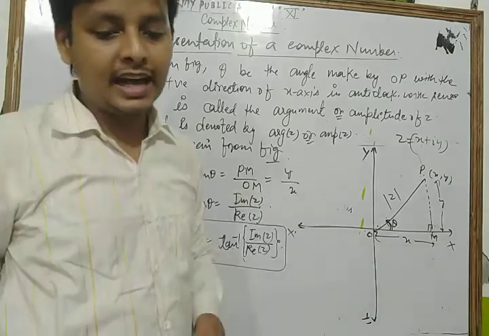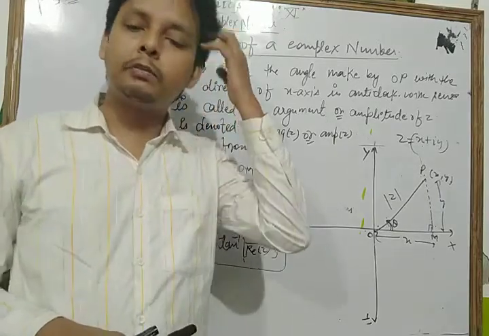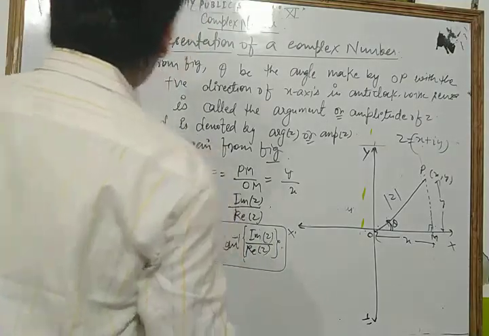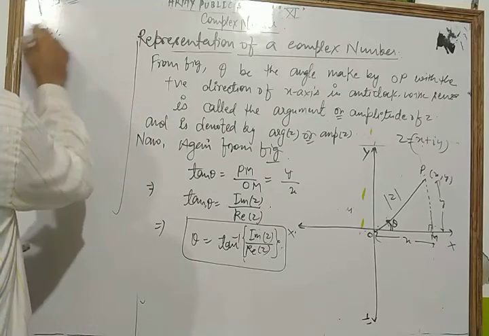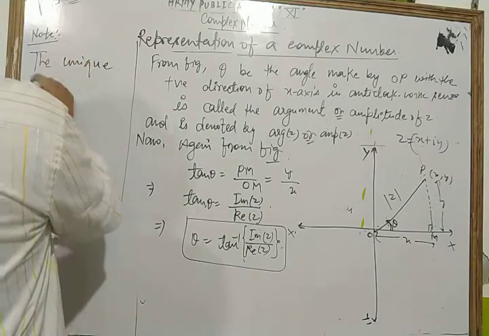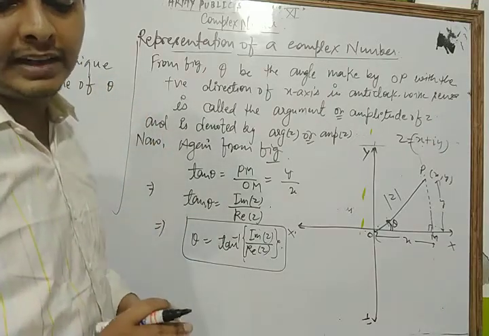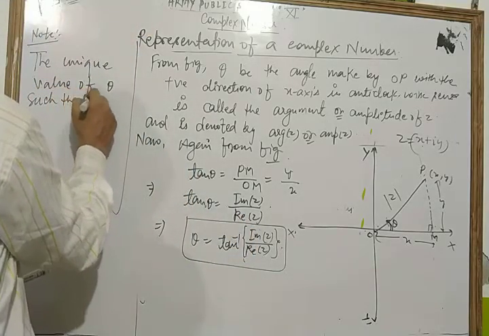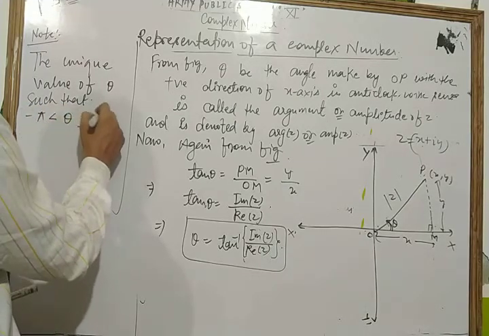Now one important thing is that the angle theta has infinitely many values differing by multiples of pi. Please note this point: the unique value of theta such that minus pi is less than theta less than or equal to plus pi.